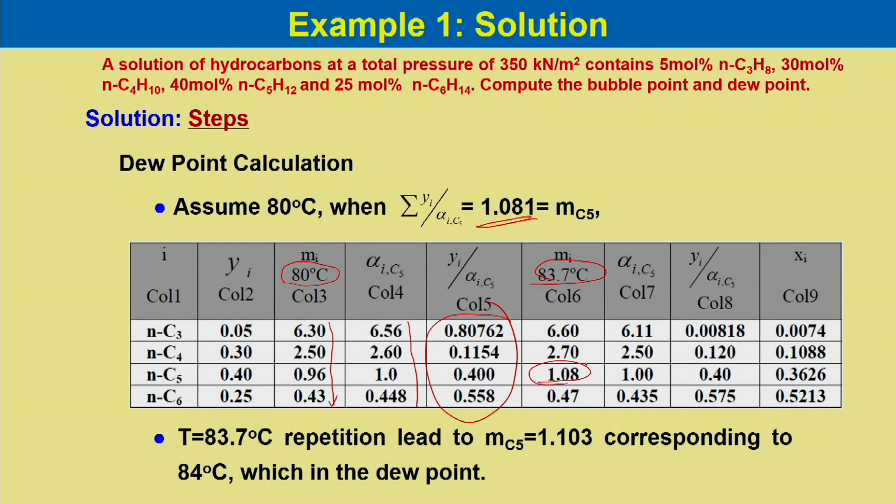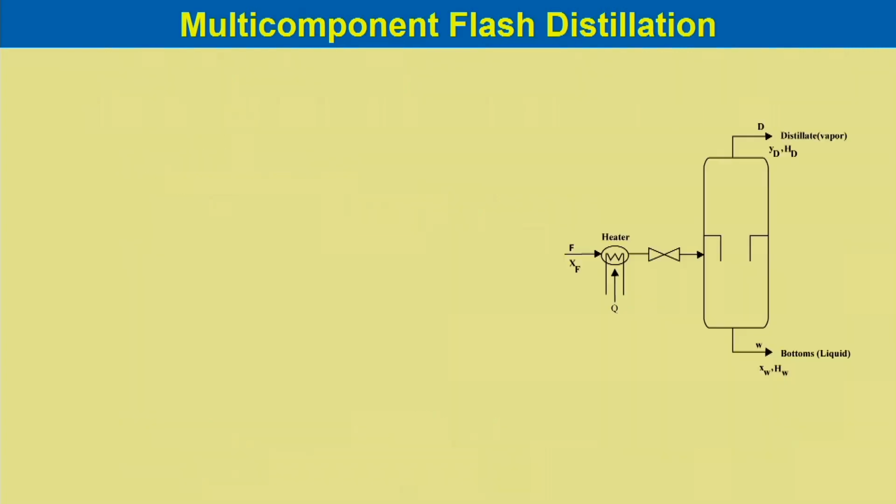Corresponding to this distribution coefficient value, we can choose the temperature, and then we can calculate the other distribution coefficients. This process is repeated and shown in the other columns, and it was seen that the temperature obtained is close to the assumed temperature, that is 83.7. So, this is the dew point temperature.